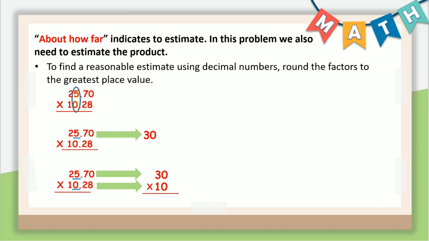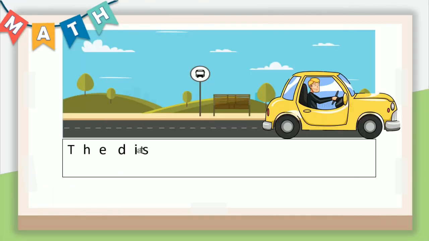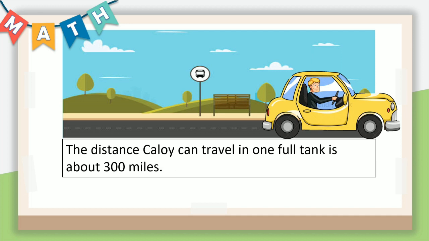Multiply the greatest rounded numbers and we get 300 as an estimate. 25 and 70 hundredths times 10 and 28 hundredths is approximately 300. The distance Kaloy can travel in one full tank is about 300 miles.